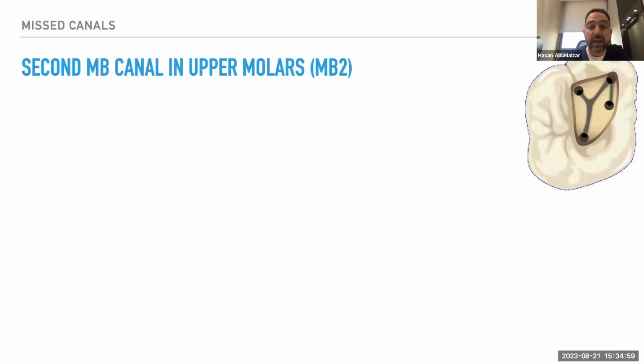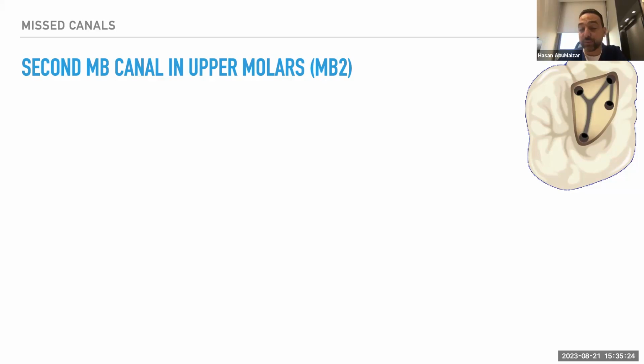As we mentioned earlier, the untreated mesobuccal 2 canal is mainly the main reason for failure in maxillary upper molars. And trust me, I see this mostly on a daily basis. A well-treated upper first molar that has failed because of an MB2 has some sort of lesion, some sort of discomfort for the patient.